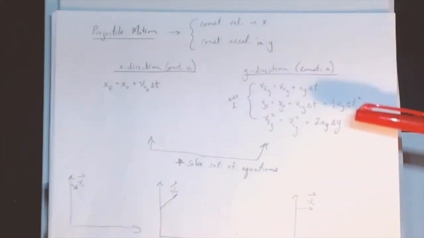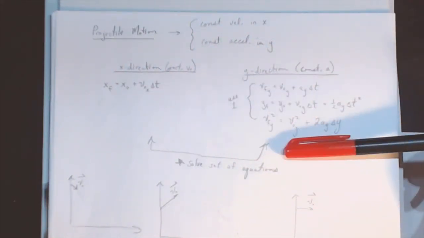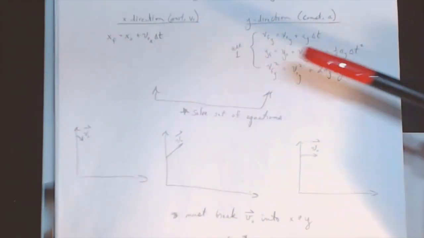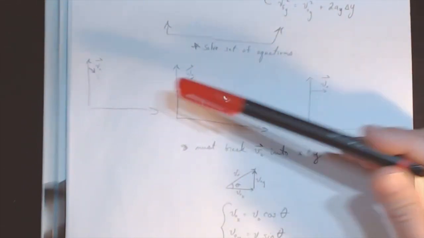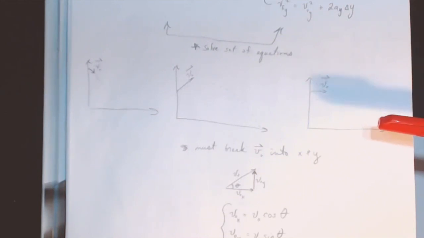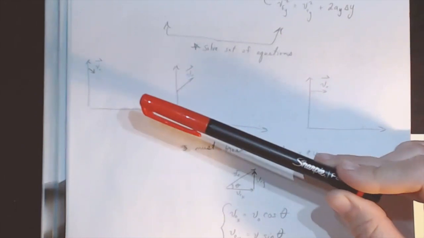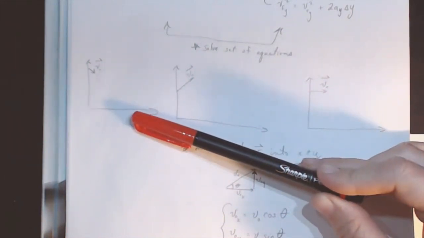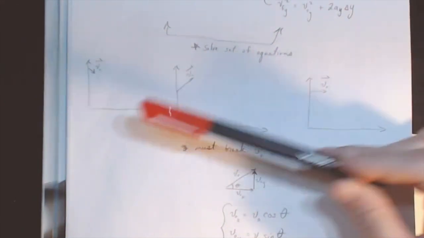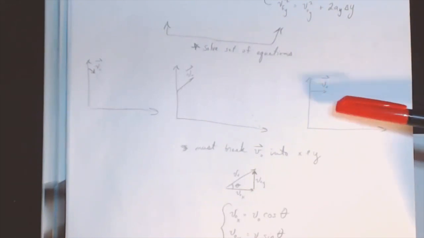Once you've done this, you will then solve your set of equations. You'll have a set of equations once you've filled in all your knowns here. There are always 3 options for projectile motion problems in terms of what the picture really looks like in real life. You've got some object that's being launched forward, and either purely forward, forward and upward, forward and downward, or in this case over here, purely forward.